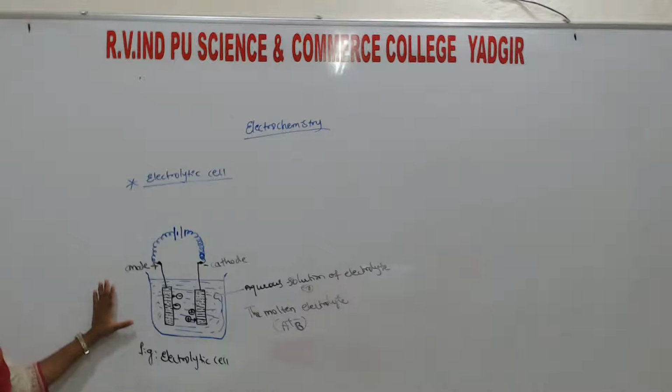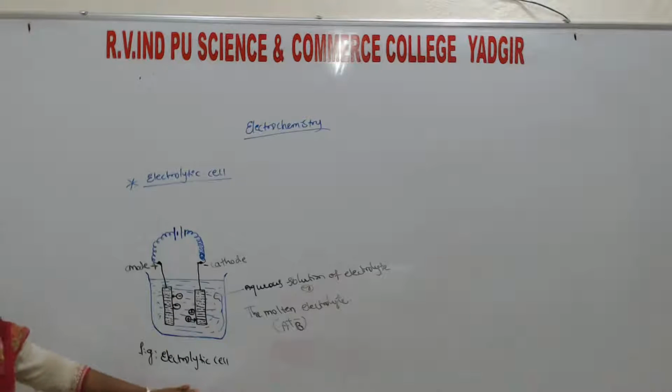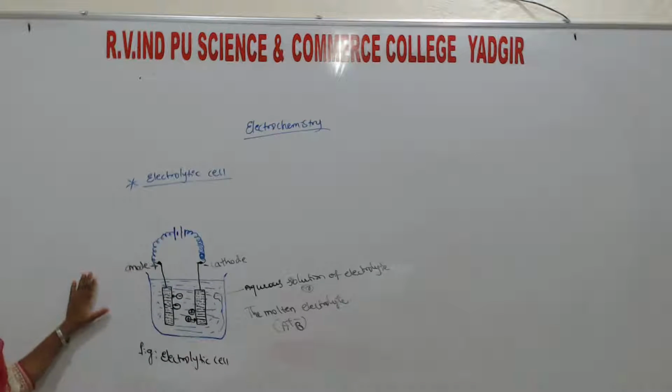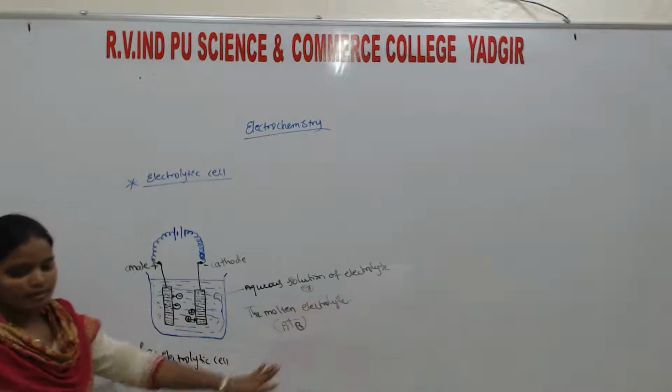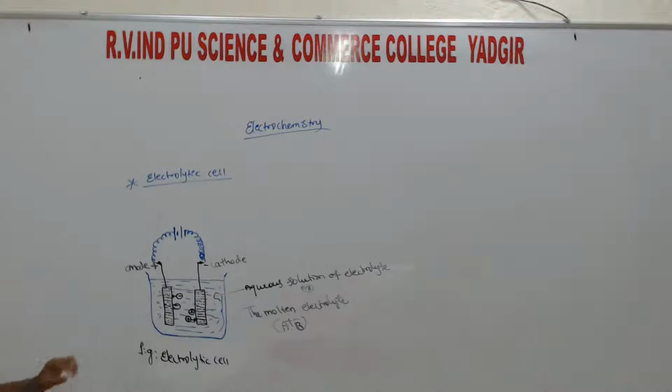Here we are explaining this figure, that is the electrolytic cell. This is the electrolytic cell apparatus, and here you take an aqueous solution of an electrolyte or a molten electrolyte in a vessel, and two metal rods are immersed into it.